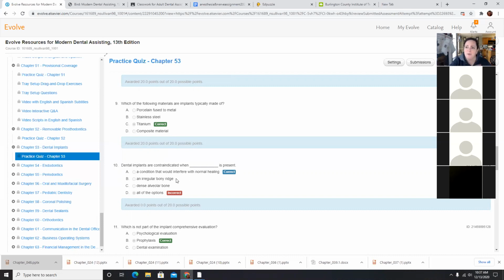So we can always smooth that irregular bony ridge because we're placing the implant inside the bone, not on top of the bone. We can either add bone to it or go through the bone and then smooth the top. So an irregularly shaped bone is not going to matter to us either. But what is going to matter is a condition that would interfere with normal healing.